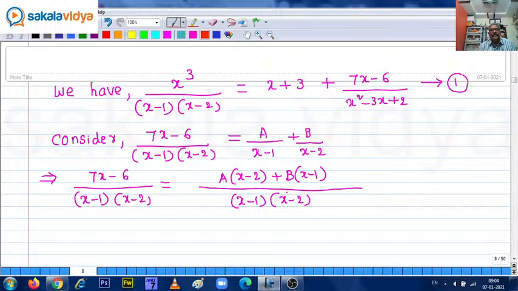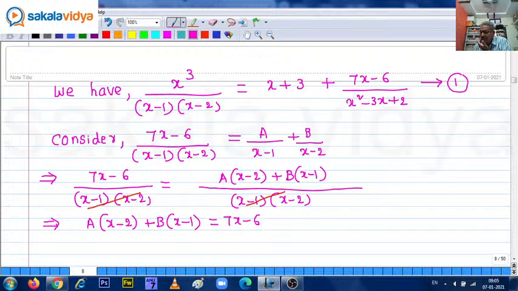See, this x minus 1 into x minus 2 cancel. We have A times x minus 2 plus B times x minus 1 equals to 7x minus 6. Okay. So once again the type 1 process will be here revised.